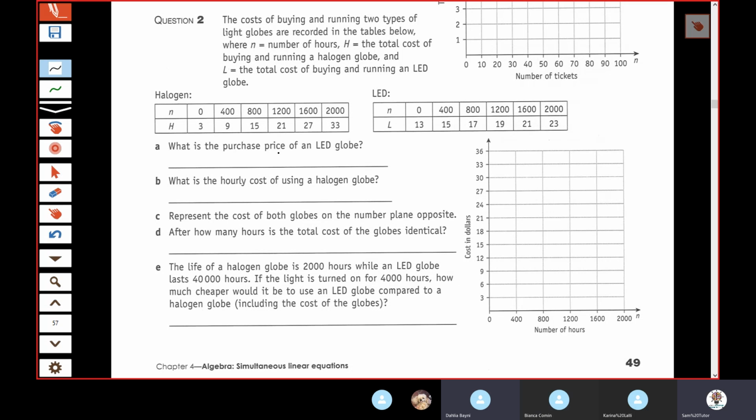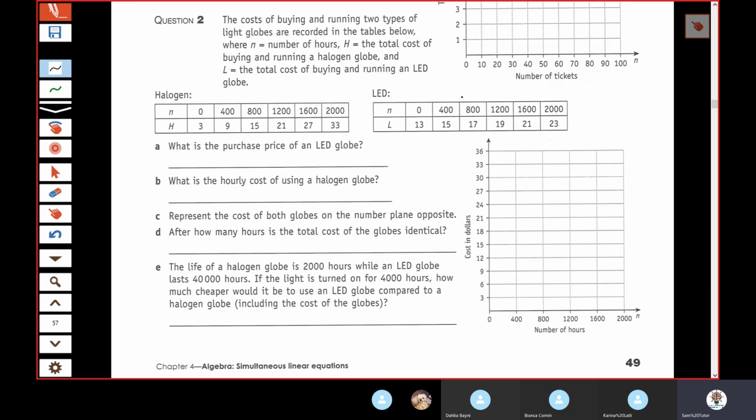Alyssa, what do you think? What is the purchase price of an LED globe? What do you reckon?